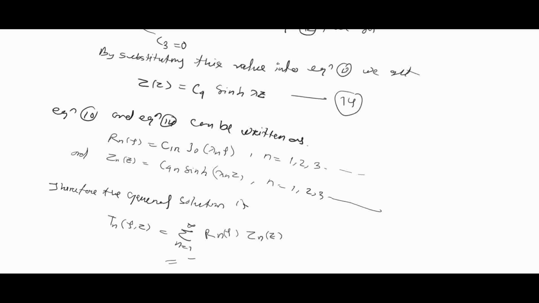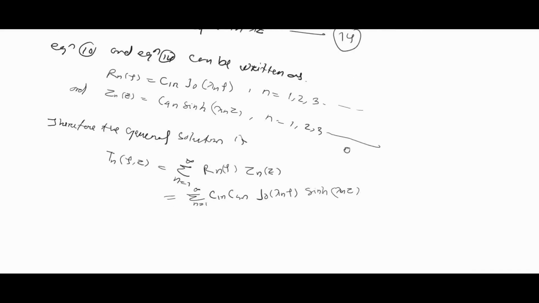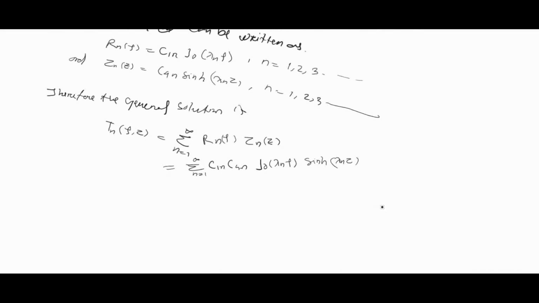So this will give us the summation of n is equal to 1 to infinity of C1n into C4n, then J0 lambda n rho into sinh lambda n z.